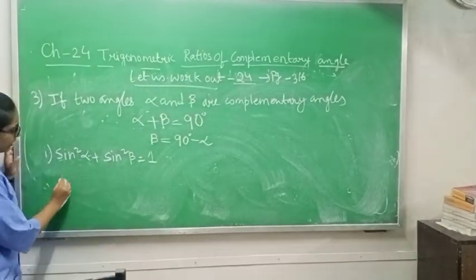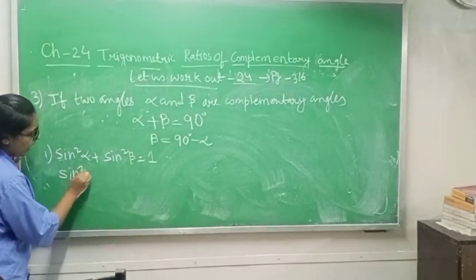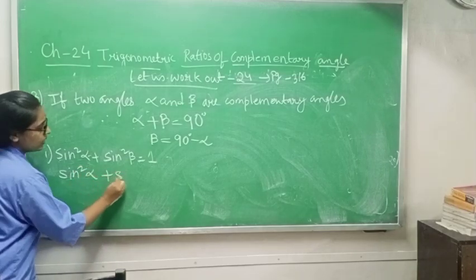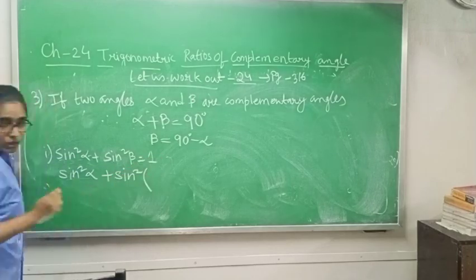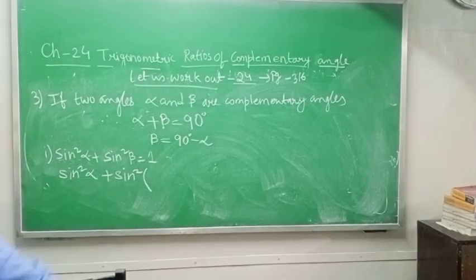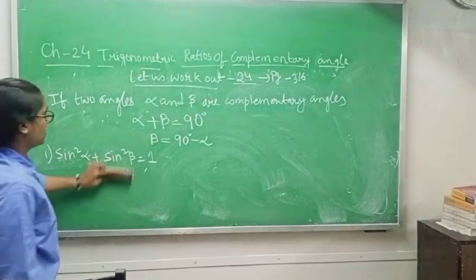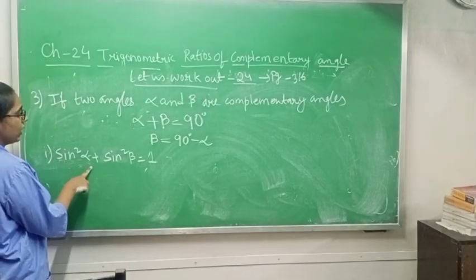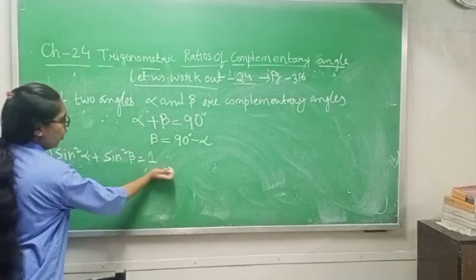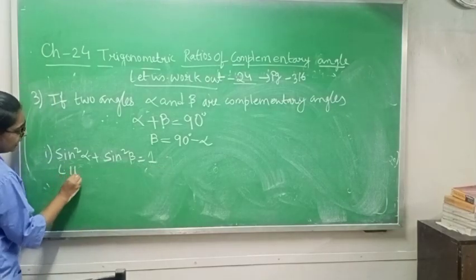Do one thing, this is Roman 1, so first write LHS, because you have to prove this one. In Roman 1 you have to prove that sin square alpha plus sin square beta equals 1.